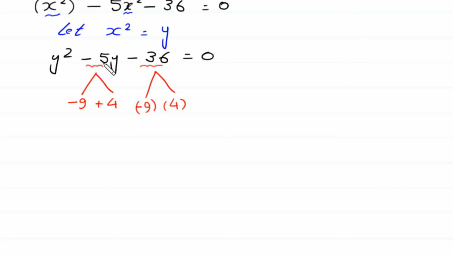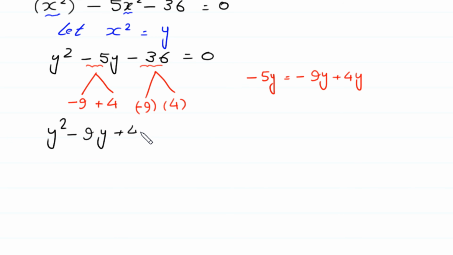So we split this negative 5y as negative 9y plus 4y. Then this equation becomes y squared minus 9y plus 4y minus 36 is equal to 0.